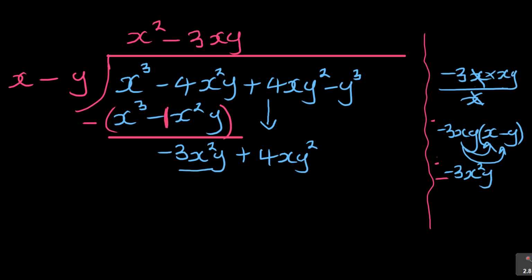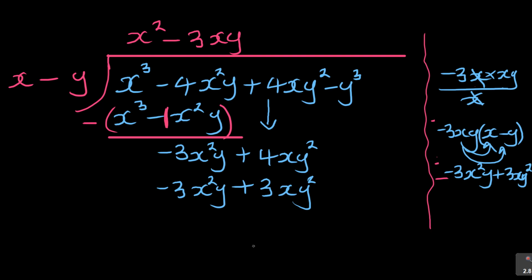It will always give you that one, because if you subtract it, it gives you a 0. Then the next one you must be careful, which is what? Minus 3xy times minus is plus 3x, but guess what? Now it's y squared. Check that carefully. It's xy times y squared. So let me write it here. It's minus 3x squared y plus 3xy squared.